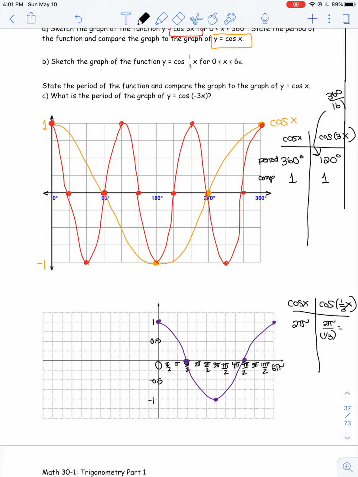So if you put 2 pi in brackets divided by 1 divided by 3 in brackets, you should get that that is equal to 6 pi. So that's the entire section is equal to 6 pi. It's pretty much like taking 2 pi and multiplying it by 3. That's your period.